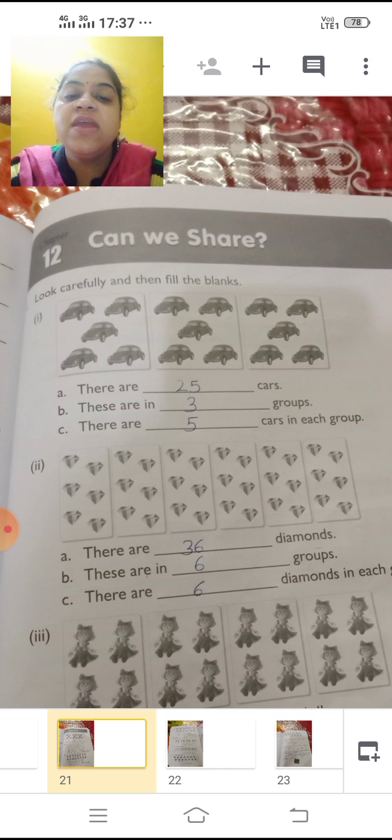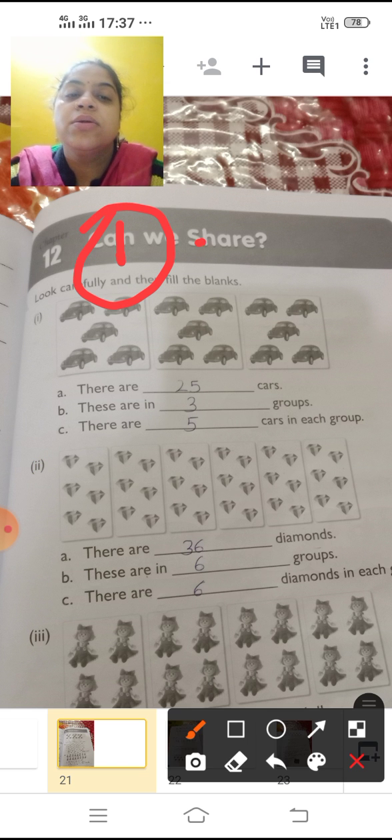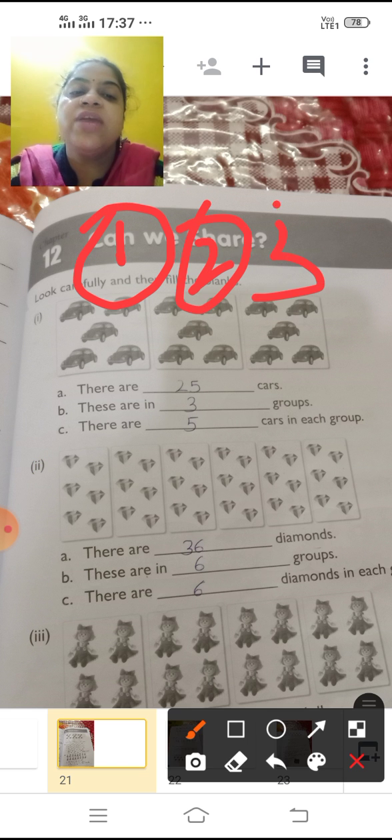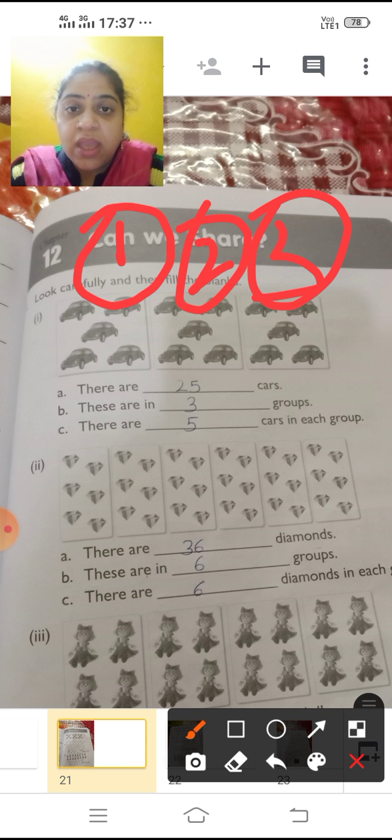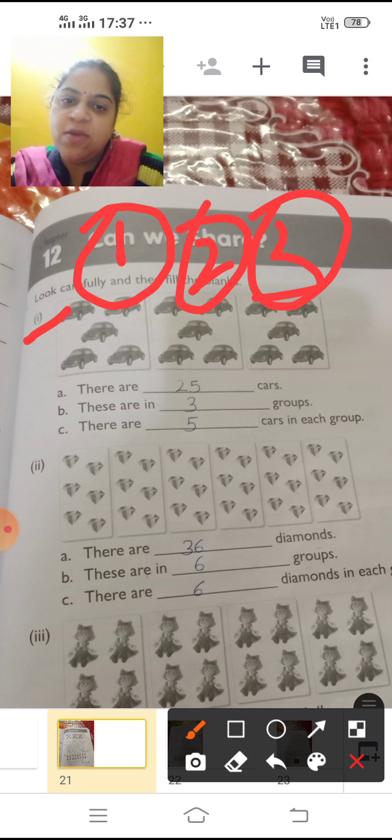You can see 1, 2 and 3 groups. There are dash cars in each group. If we see 1, 2, 3, 4, 5, there are 5 cars in each group. Understood?